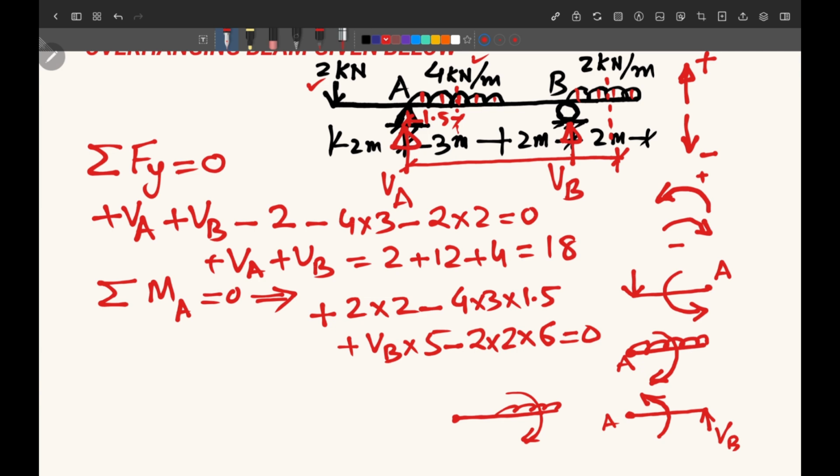Now from here we get this value of VB easily. So we can write here that 5 VB, and then we have here 2 into 2, 4 will go on this side, so we'll write here minus 4. Then 4 into 3 into 1.5 will be how much? 18 on this side, so plus 18, and then 4 into 6, 24, which will be plus 24.